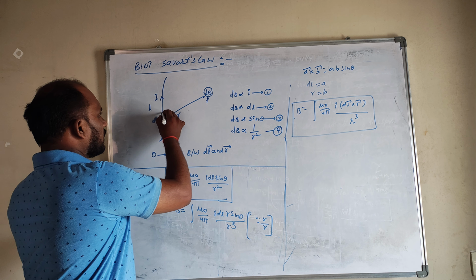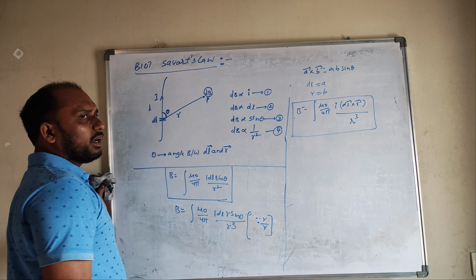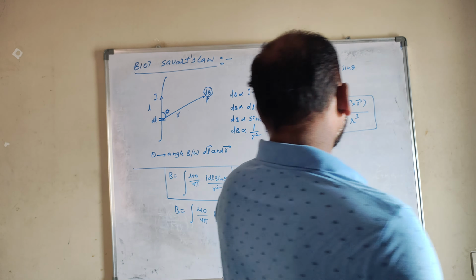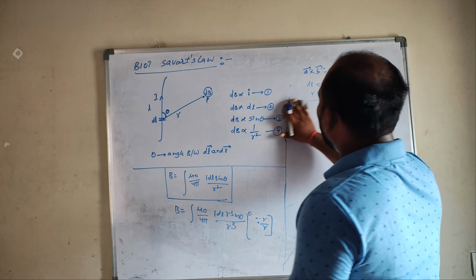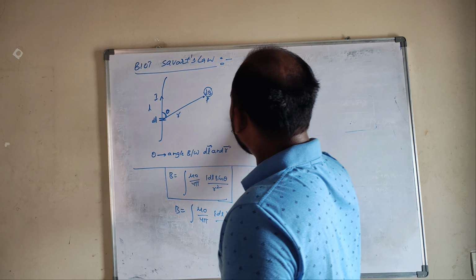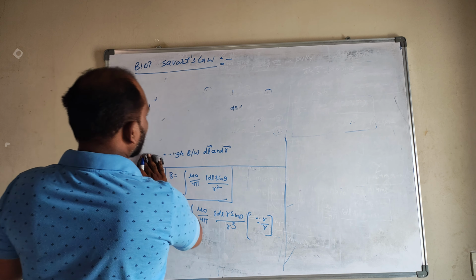Now it makes an angle theta. Now I have to take one application using this Biot-Savart's law. Application 1: the particle is at a perpendicular distance from the conductor.